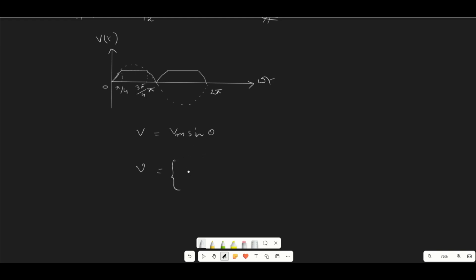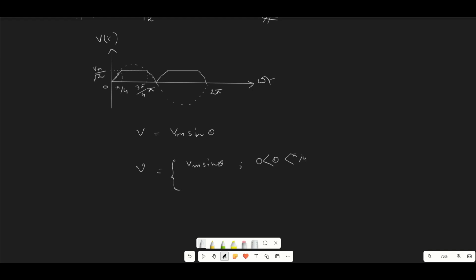Now what are we going to write here? Initially the value is Vm sin theta, where theta is between 0 and pi by 4. Then there will definitely be a value for this one. Suppose this is Vm by root 2.